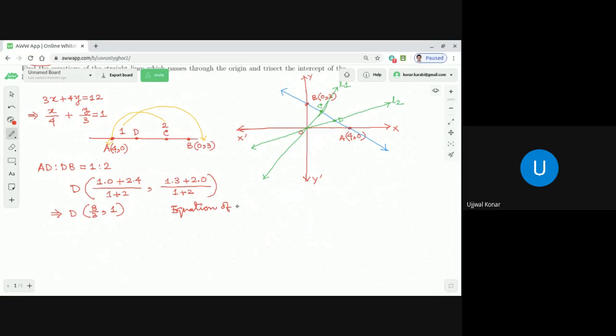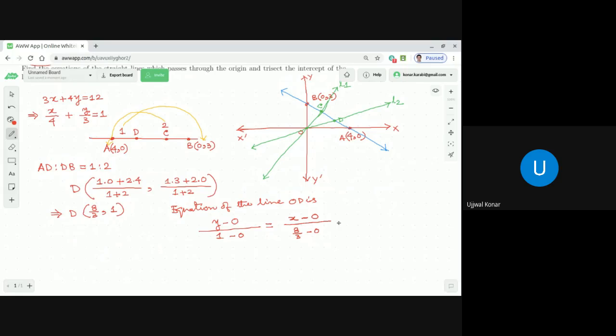The equation of the line OD is (y minus y1) by (y2 minus y1), that is (y minus 0) by (1 minus 0), equal to (x minus x1) by (x2 minus x1), that is (x minus 0) by (8 by 3 minus 0).